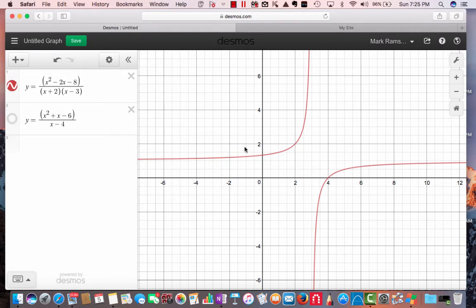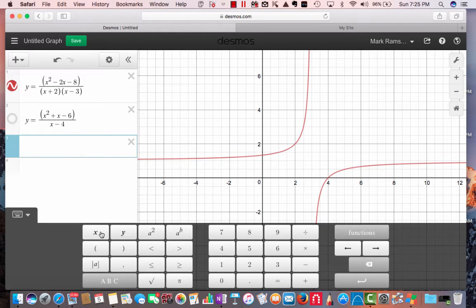I could probably put in a line x equals 3 just to highlight this. As you can see, the graph is approaching that purple line. And there is the x-intercept we talked about at 4.